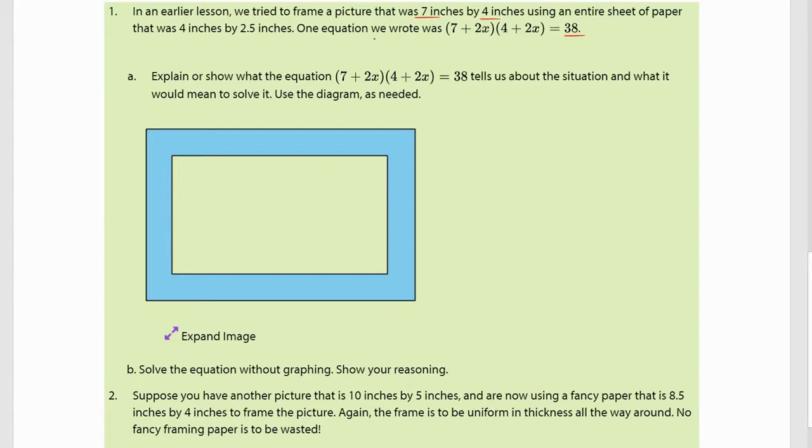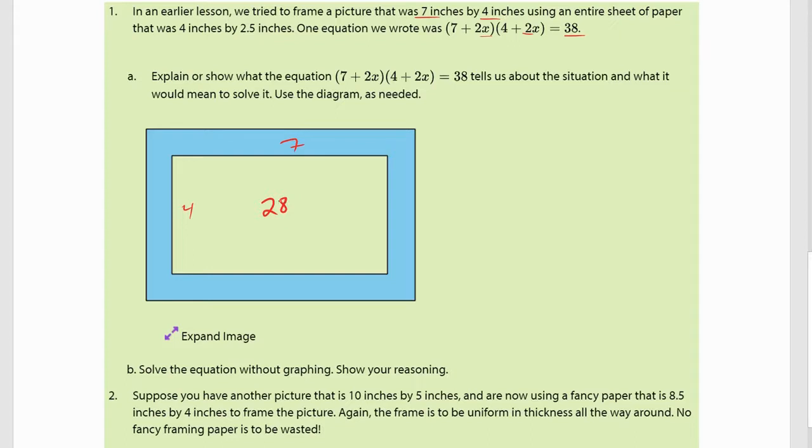Let's see. 2x is a constant, right? So the frame and picture was only 7 inches by, okay, so the inside here is 7 inches. And the height of the picture is 4. So 7 times 4 is 28.